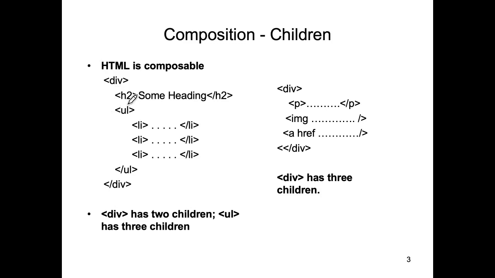And my UL element is composed of a number of LI elements. Equally, we could use the language that my div element has two children, because this term children is going to be relevant to our React component relationships as well. On the right, as another example, I have a div element composed of a paragraph, an image and a hyperlink. Or equally, I have a div element and it has three children.